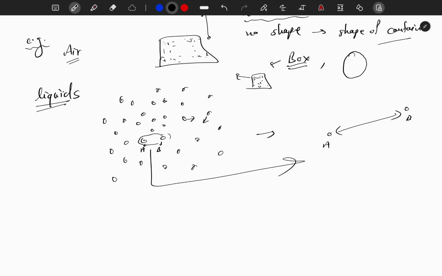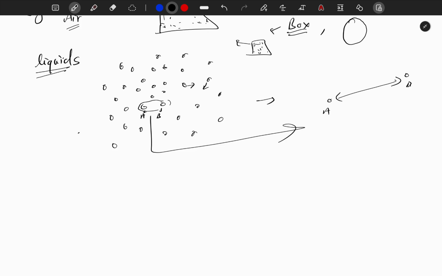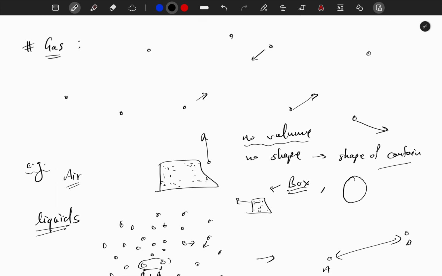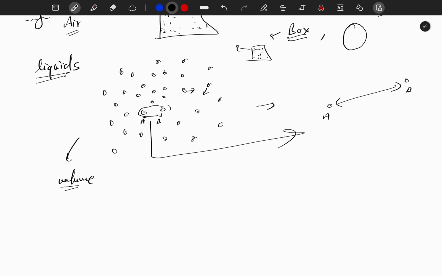Okay, and liquids on the other hand have volume because of the more attractive forces than the gases. The molecules of the liquids remain with each other closely.